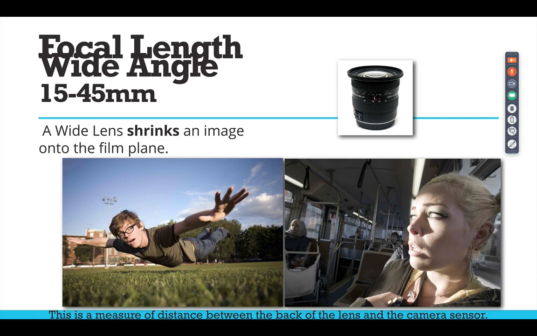The distance between the back of the lens and the camera sensor is a little bit greater. It still shrinks the image onto the sensor, but not as much. We don't get as exaggerated a look as we did with the fisheye.